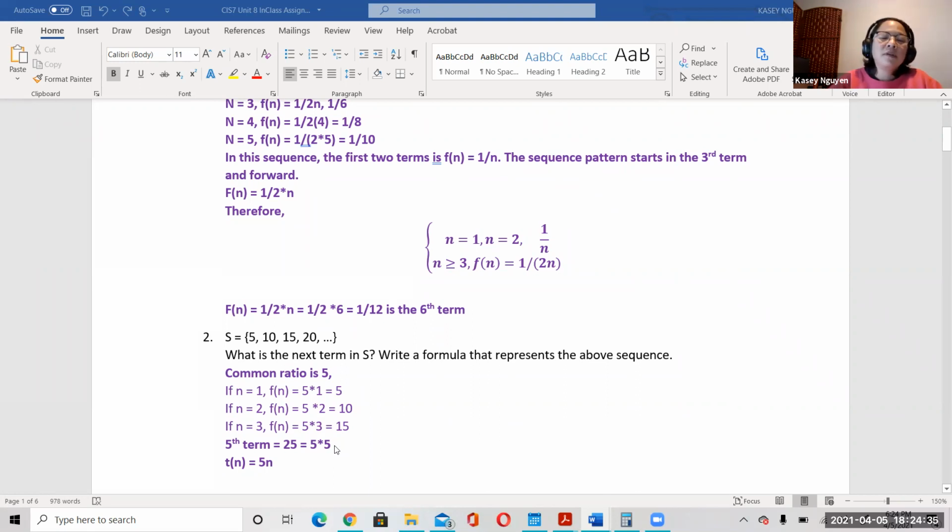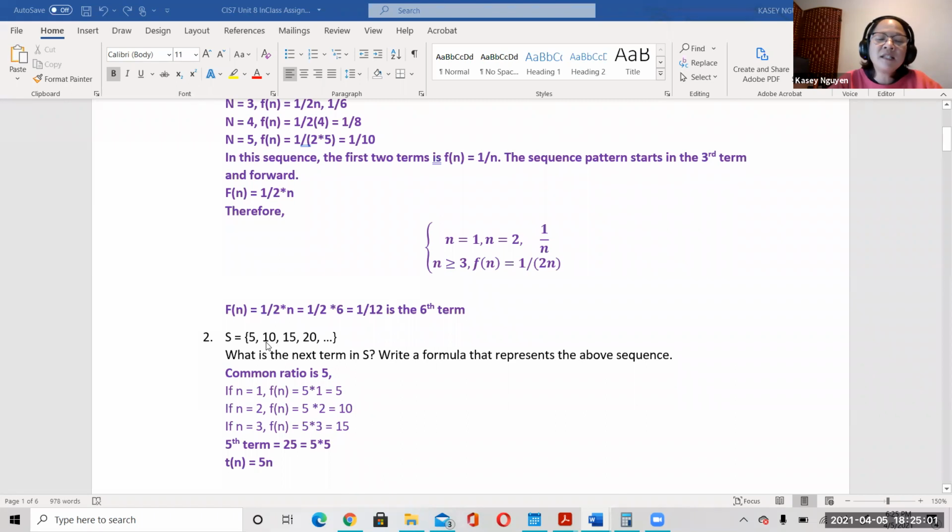So the takeaway from this is you have to take a look at the relationship from one value to the next value. From 5 to 10, from 10 to 15, from 15 to 20, the distance between these elements is 5. If you take 10, subtract 5, you get 5.